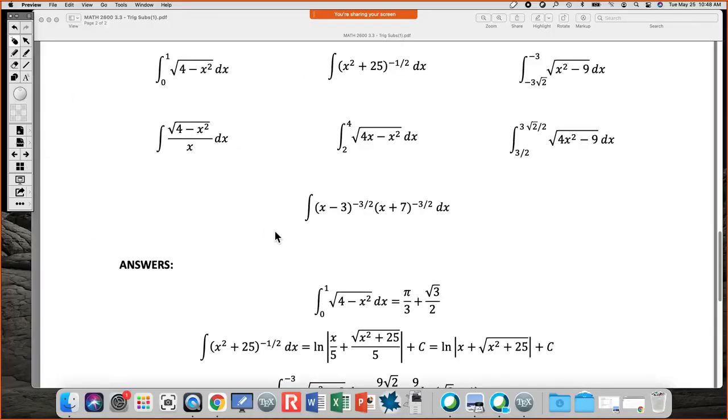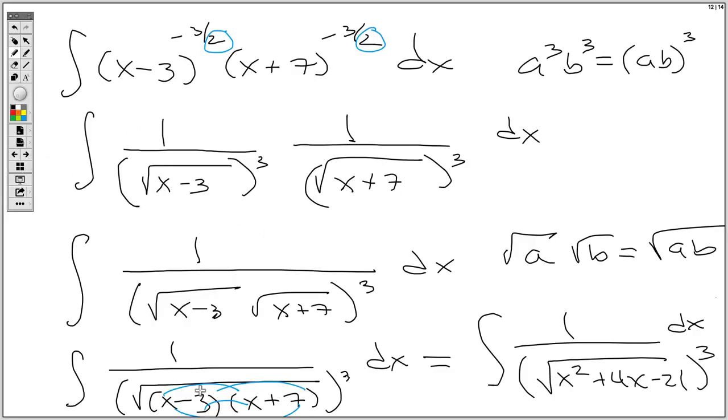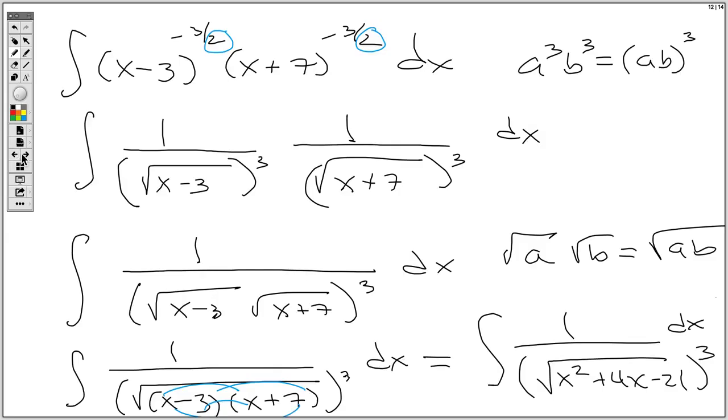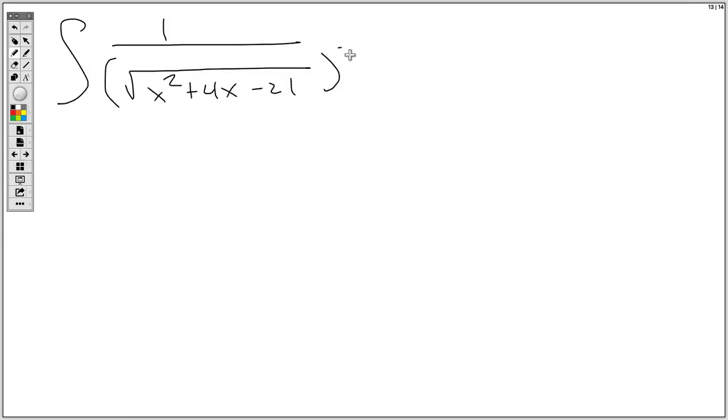I'm double checking I got the right, yeah, x minus 3, x plus 7. Okay. So x squared plus 4x minus 21, and that's all cubed. So what do I need to do with the x squared plus 4x minus 21? What do I need to do to get started?